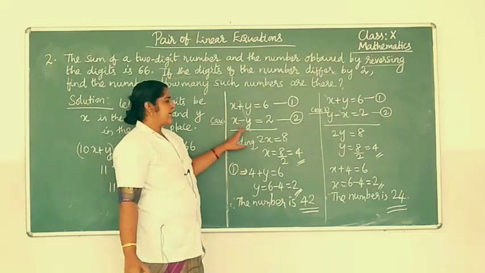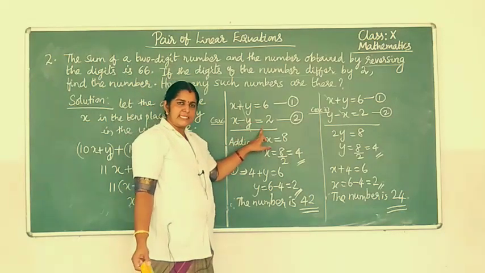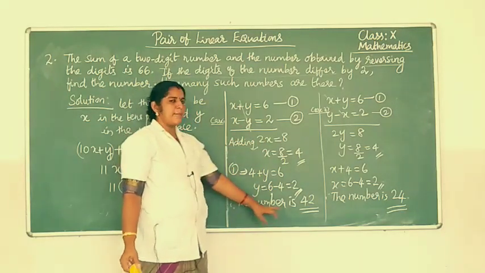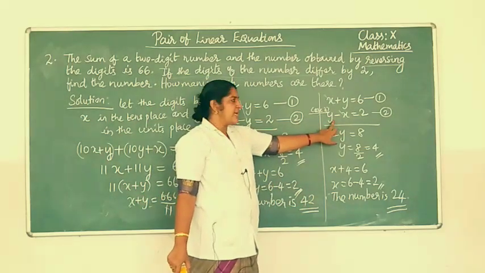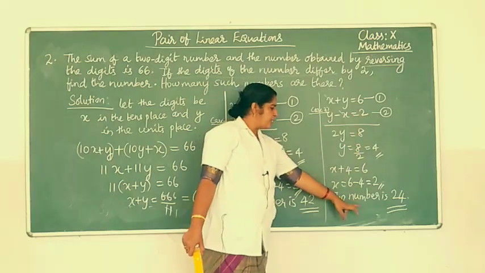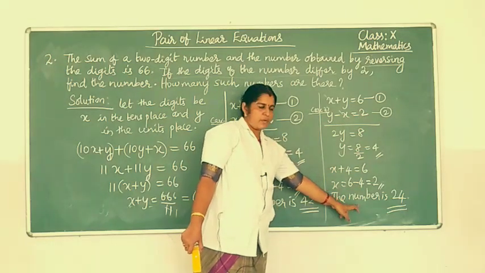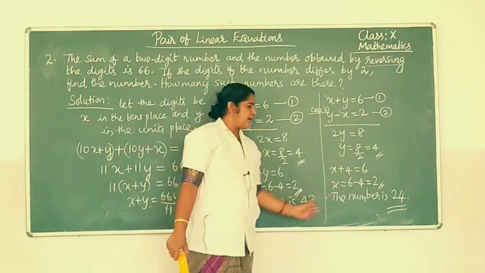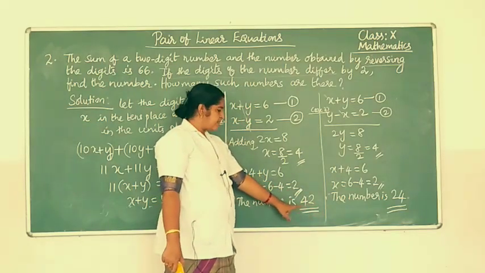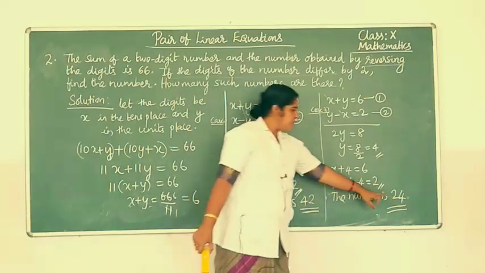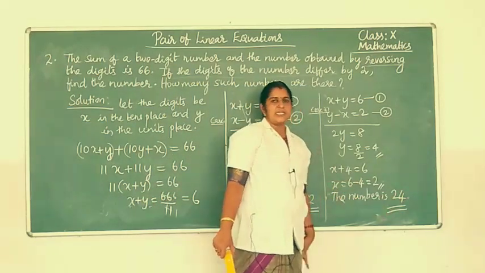Now you see the difference. When you take x minus y equal to 2, this case, we got the 2 digit number as 42. And when you consider the second case, y minus x equal to 2, we got the 2 digit number as 24. So these are the difference, that is either 4 minus 2, first digit will be greater, or here you see 24, the second digit is greater.